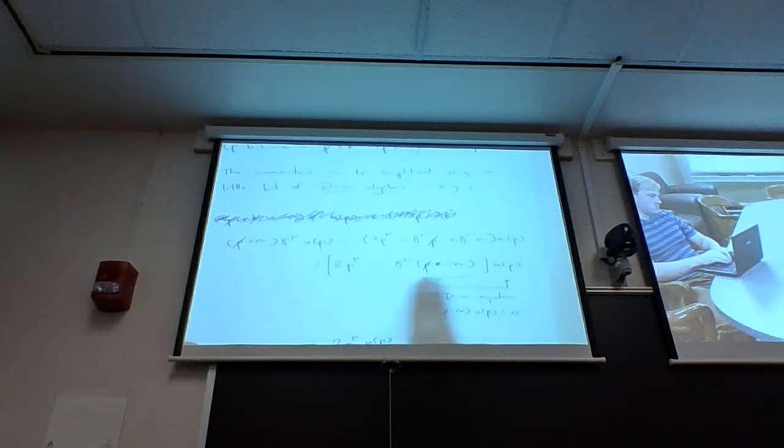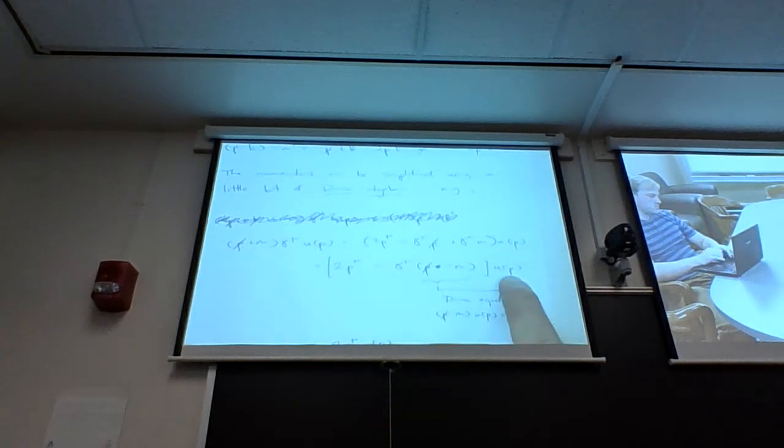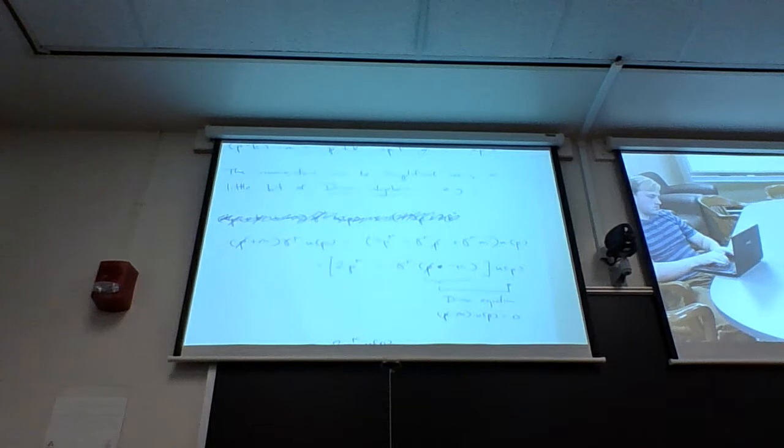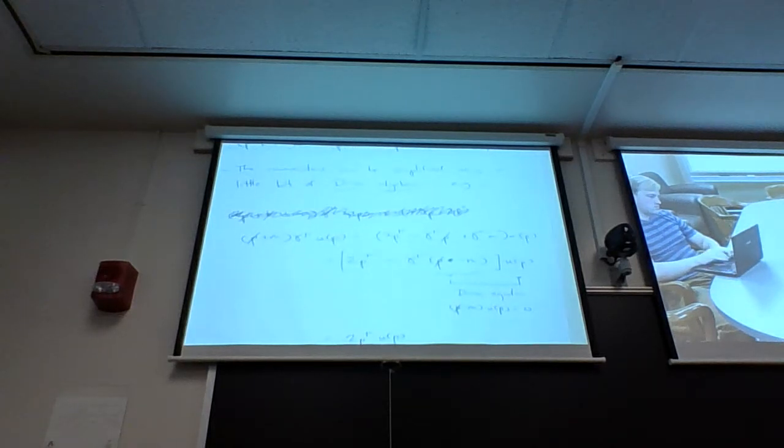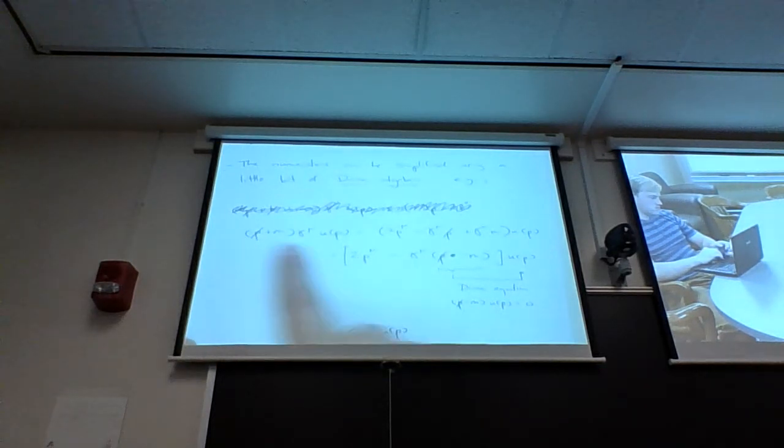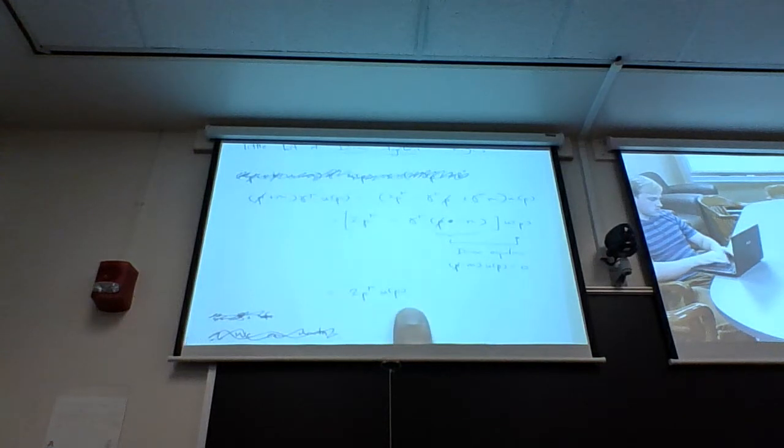So what we have here is the p slash minus m hitting the spinor, and we know that's 0, because p slash on this gives me m, and m minus m is 0. So this term just reduces to this.